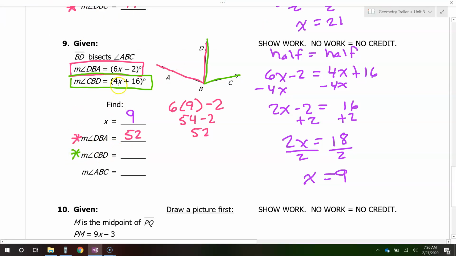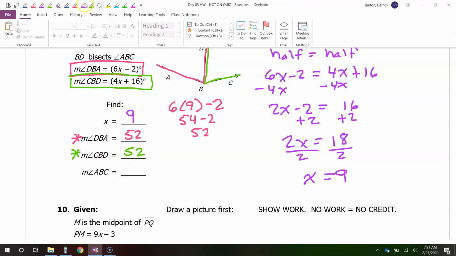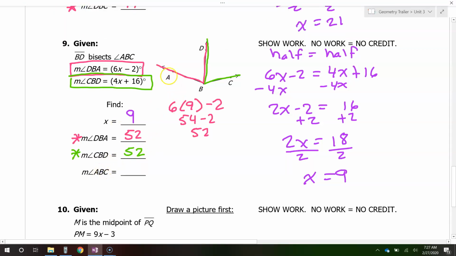For CBD, I could use the formula, but these are equal, so I know already that this is going to be 52. Now, angle ABC is the whole angle. So ABC is like 2 halves equals the whole. So I just have to double this, and that's going to give me 104. And all these should be degrees, I guess.